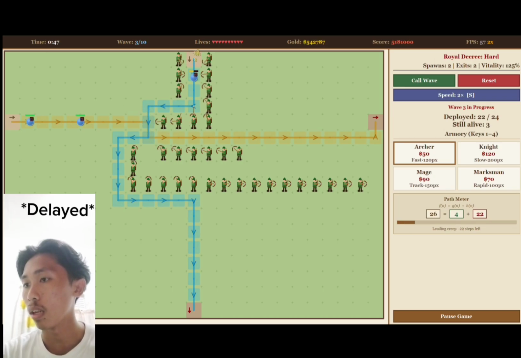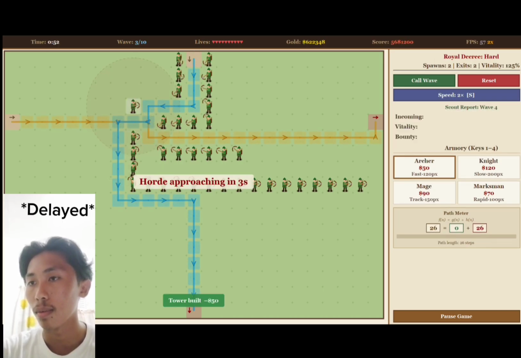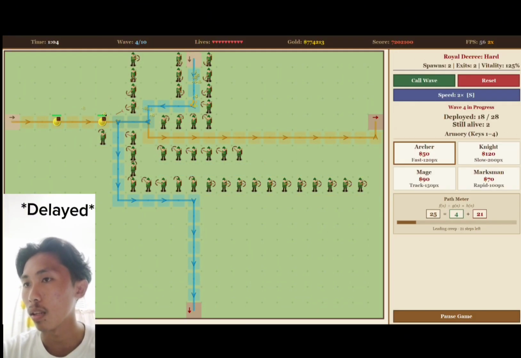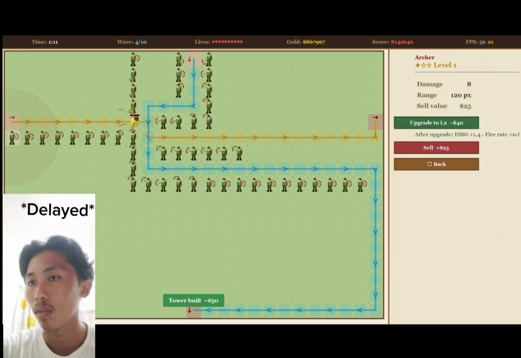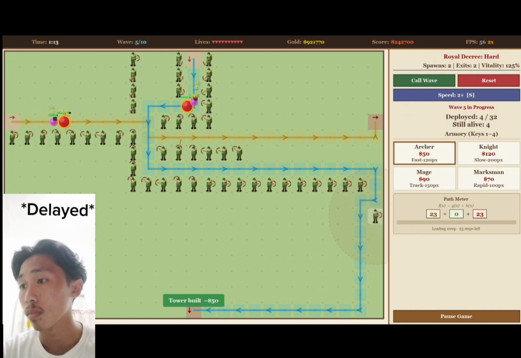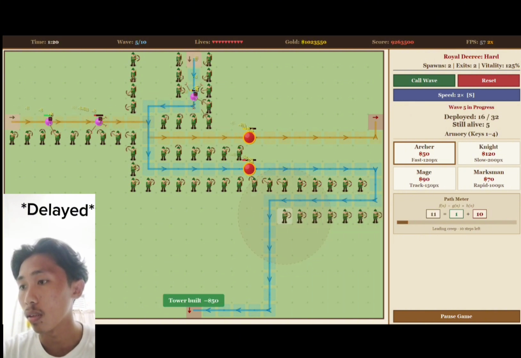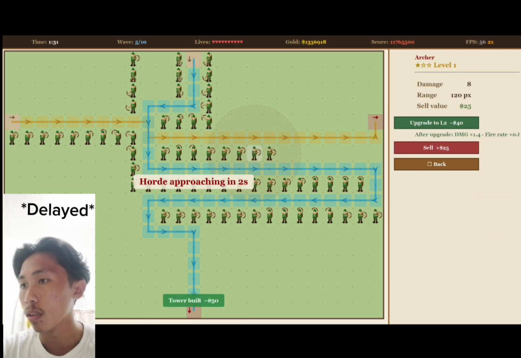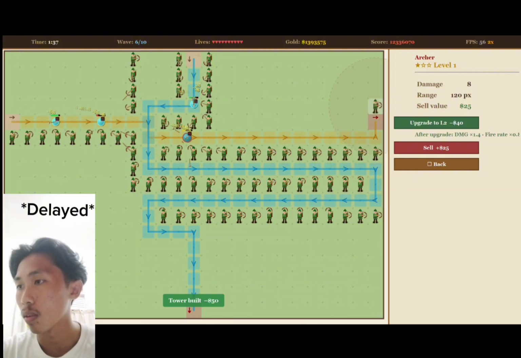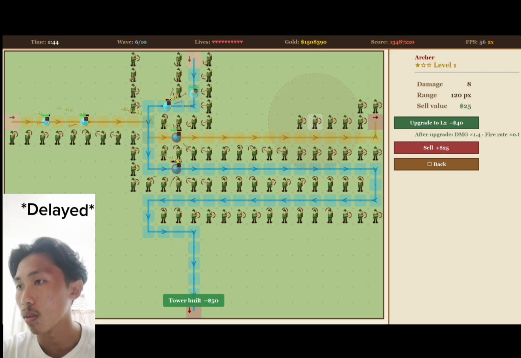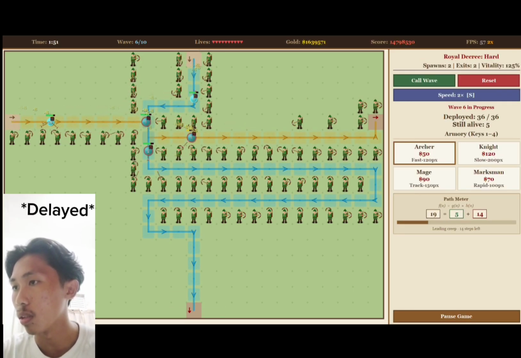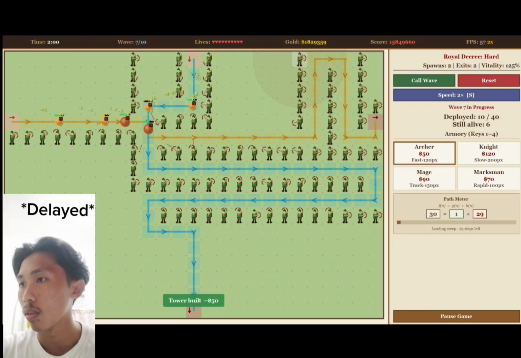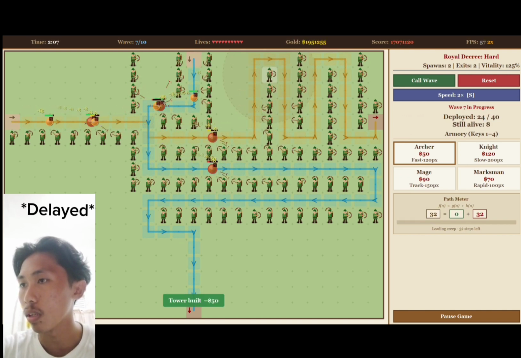So sell here, then sell banana, then sell archers, then you cannot put here, then put here.